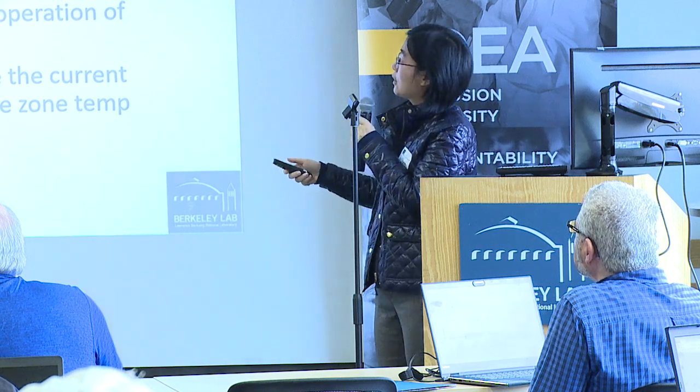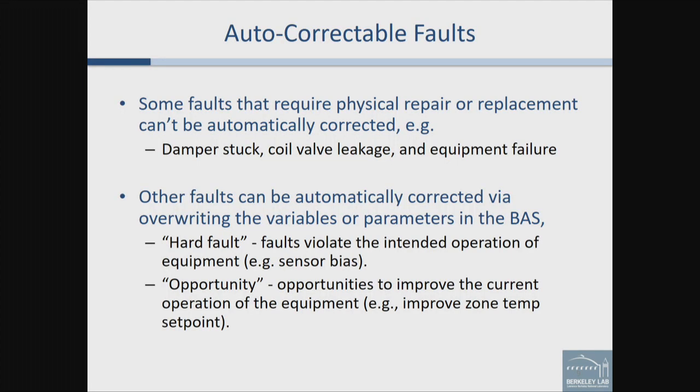So as I just talked about above, the faults that require physical repairs or replacement, we can only leave to the building operator. But for the other faults that have a chance to be automatically corrected, we divided them into two categories. The first category we call hard faults. For these faults, the building operation is different from the designed operation.